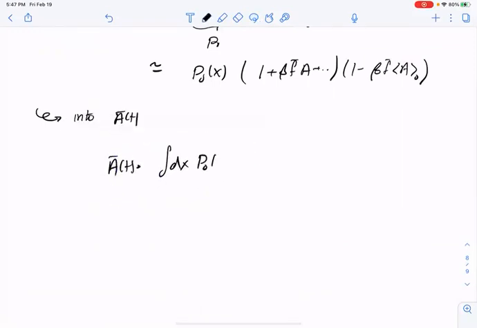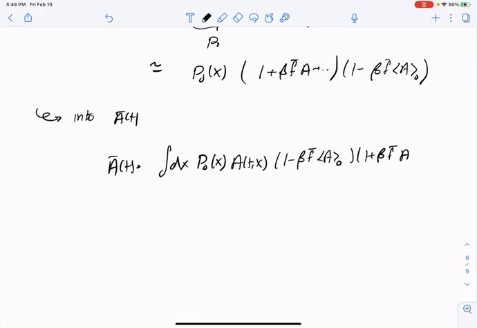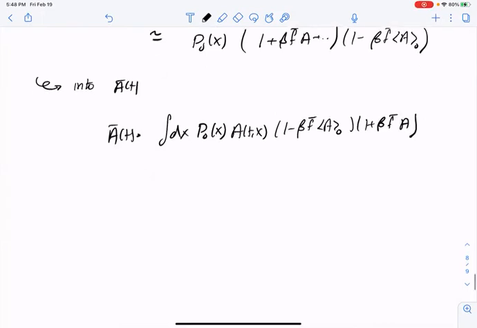I have P naught. I have an A of t. And now I have, to first order in f, 1 minus beta f average A in the absence of the force, 1 plus beta f bar A. That is then all averaged in the absence of the force.